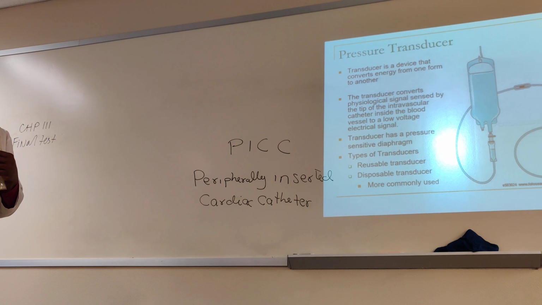Here's the monitor, the oscilloscope. Like I said, it amplifies the electrical signal, and then you're able to see these kinds of things. You can hook up your EKG to it. You can hook up your blood pressure cuff to it. Then you can hook this up to it, and it will display the pressures.